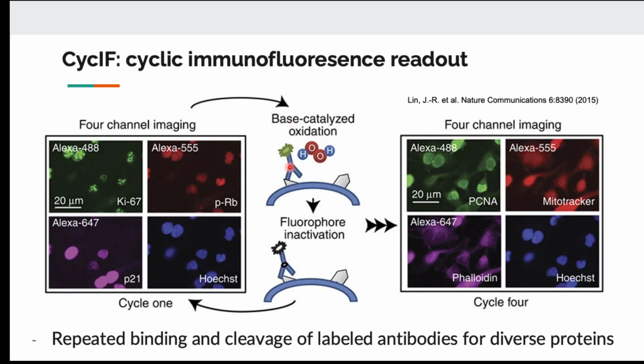So they attach antibody to the protein, and then they clip it with enzyme. So they remove the antibody. And then they attach it again, but to a different protein, and then clip it. So with this, you can target hundreds of proteins in a single tissue, but you have to do it in cycles. So the only thing that this pipeline needs is time and money to repeat the reaction process.